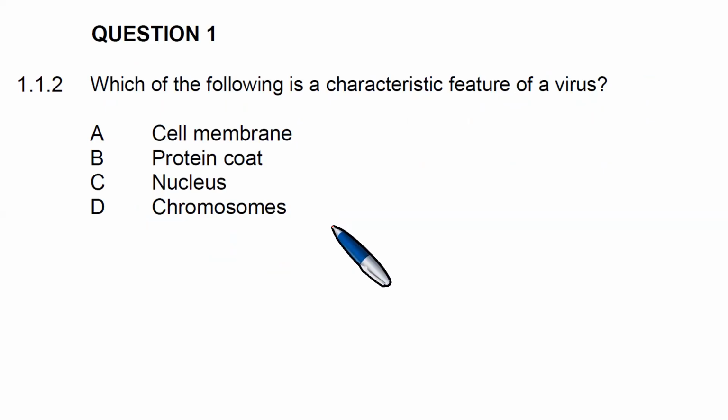Right, so it's very important to know which of the following is a characteristic feature of a virus. Okay, so obviously we have viruses and bacteria, etc. But which of the following is a characteristic feature of a virus? Okay, so is it a cell membrane? Is it a protein coat?